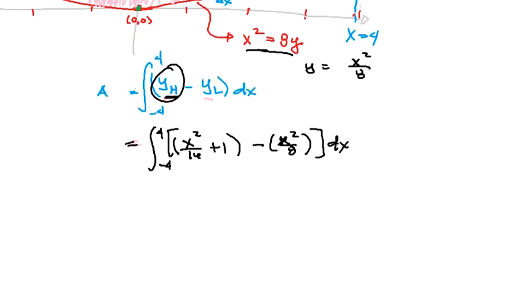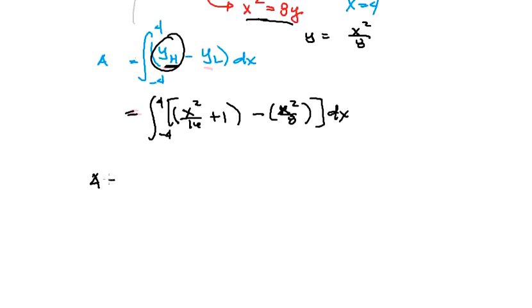Okay, then we can now integrate this. Simply we have x cubed all over 16 times 3, which is 48, plus the integral of 1 dx, which is just x, minus x cubed all over 3 times 8, so 3 times 8 we have 24.